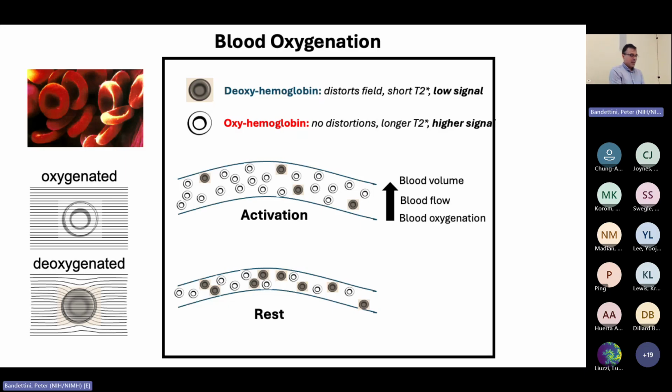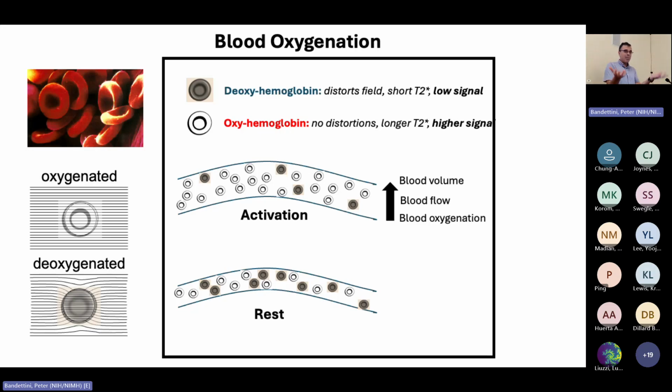this is a nice schematic of during activation. Just to review what I talked about a few days ago, you have oxygenated blood, where all the iron is bound to oxygen. And when it's bound to oxygen, there are no free radicals. And it's the free radicals, the unpaired electrons, that actually focus the field and distort it.